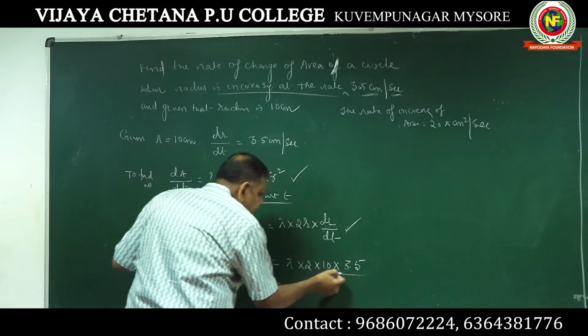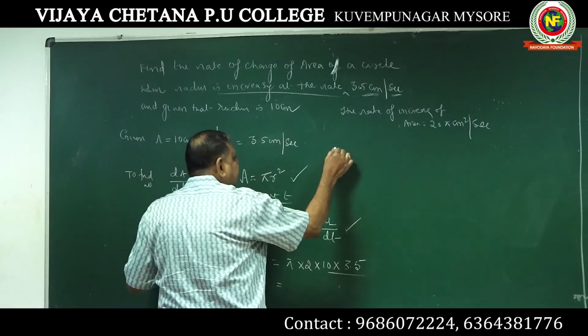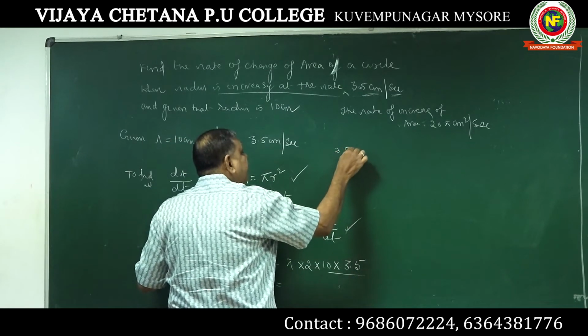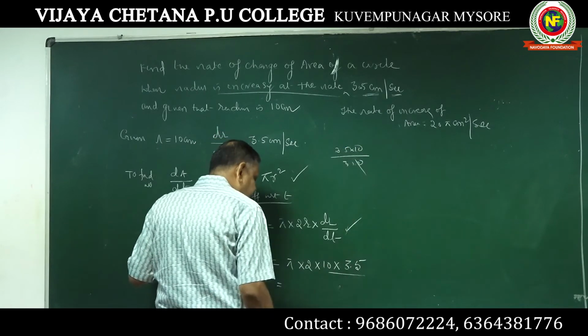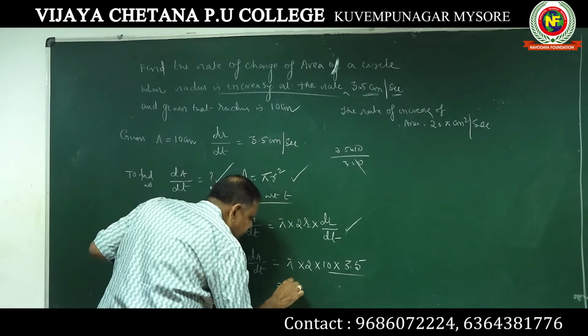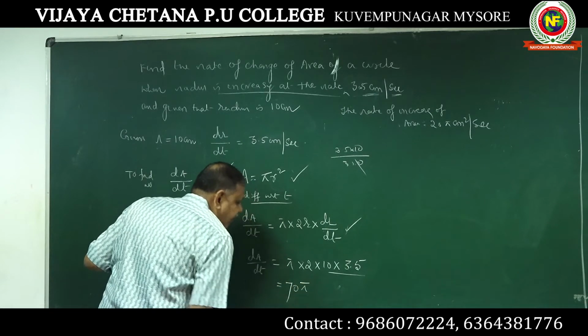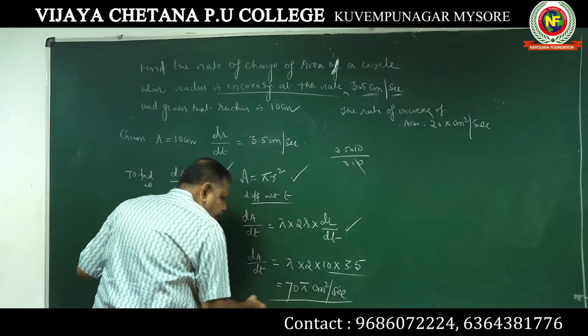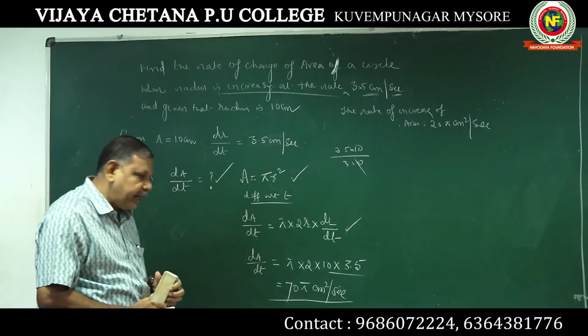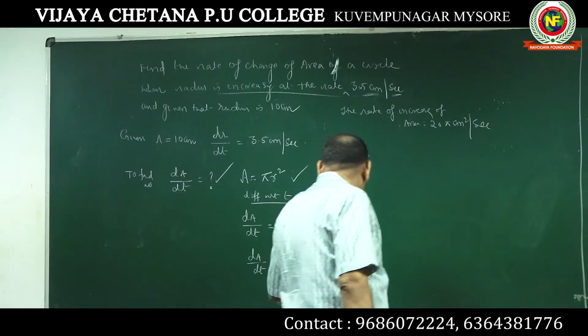So 3.5 into 10 is 35, and 35 into 2 is 70. 70 pi centimeter square per second. Very important thing, 70 pi centimeter square per second.